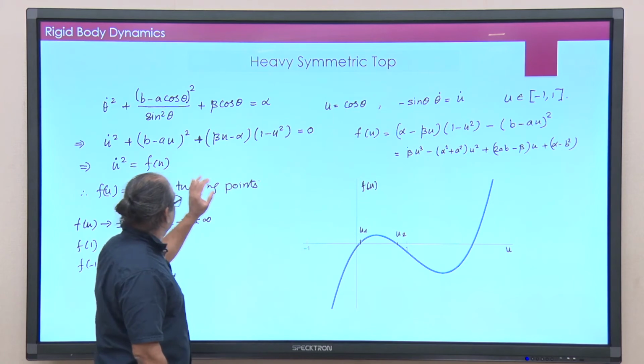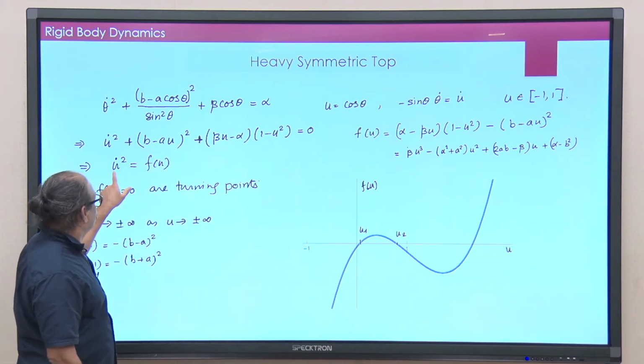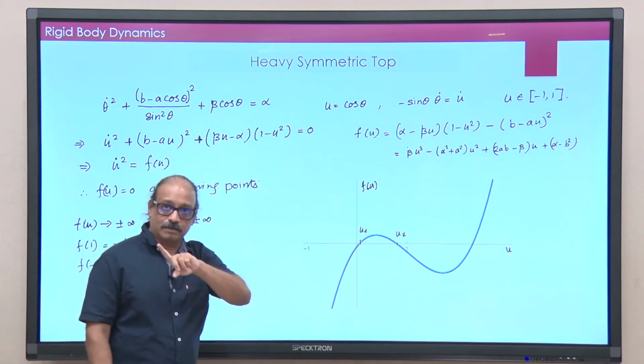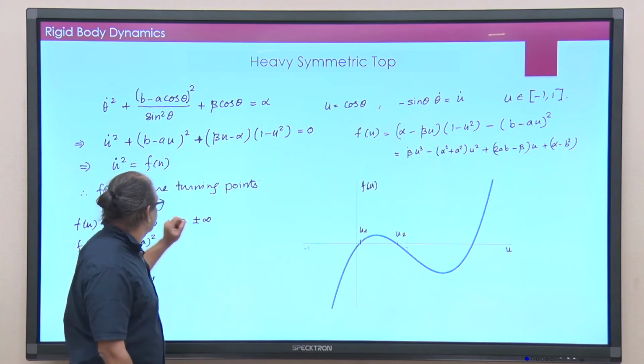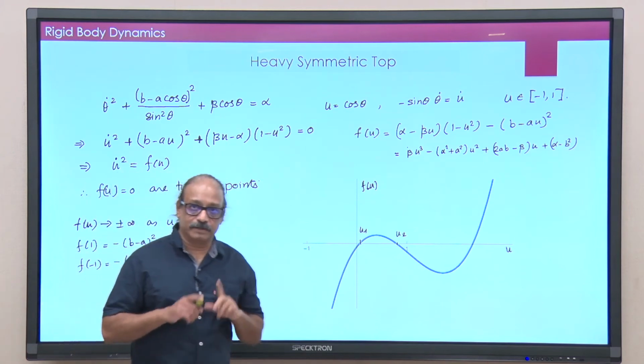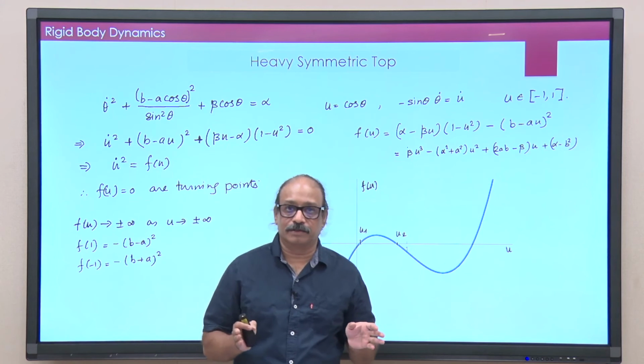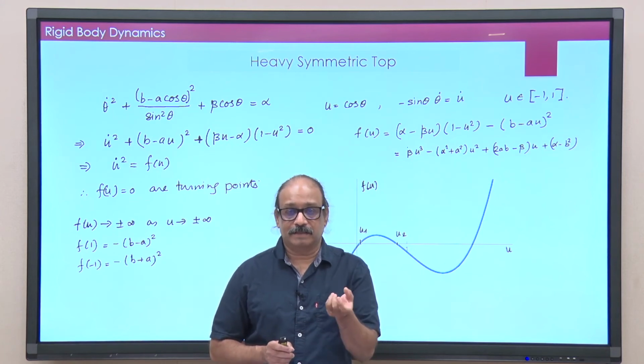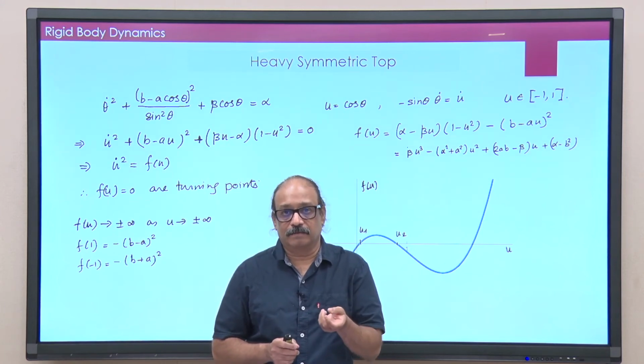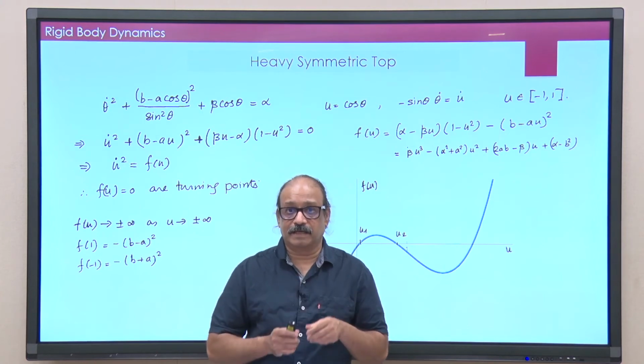Now, for this equation to have solutions, u dot square must always be positive, which means unless f(u) is positive, I do not have a physical solution, and yet my symmetric top, or the spinning top, spins, that is a physical system.